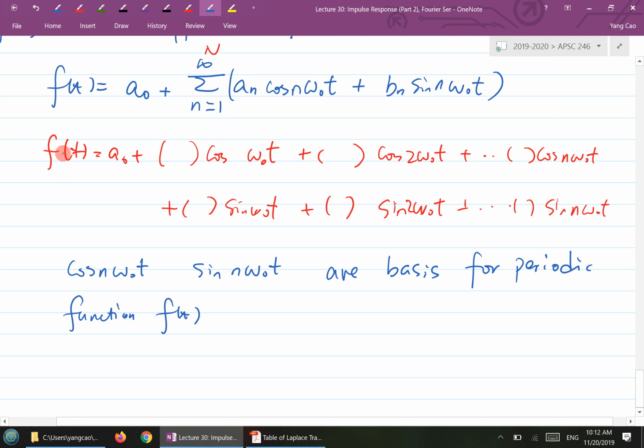The geometry of f of t could be just a line, or an arbitrary curve, but as long as it's periodic, you can always decompose it into individual sines and cosines. You add them up, you get back to this f of t.